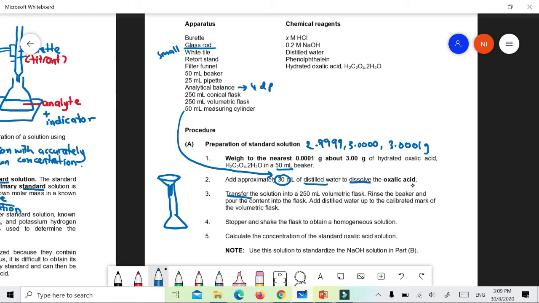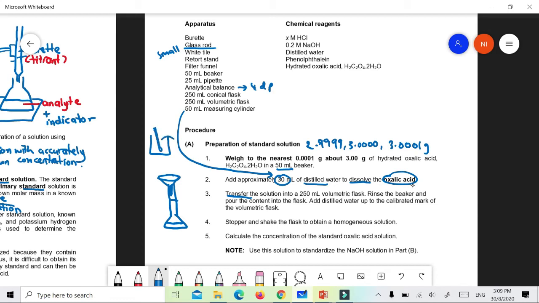Next, after you have transferred this 30 ml of dissolved oxalic acid, it will just be here, but you need to add the volume up to the graduated level. So you still need to fill this with distilled water, but please don't waste the oxalic acid that is still in the beaker. The beaker has the glass rod.